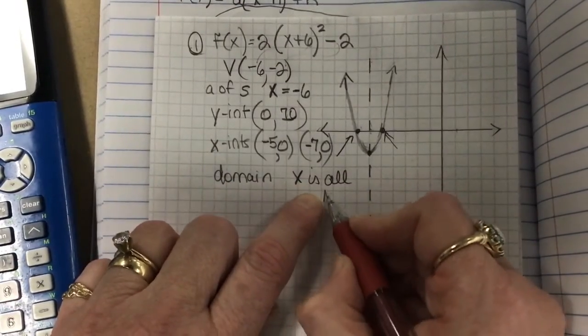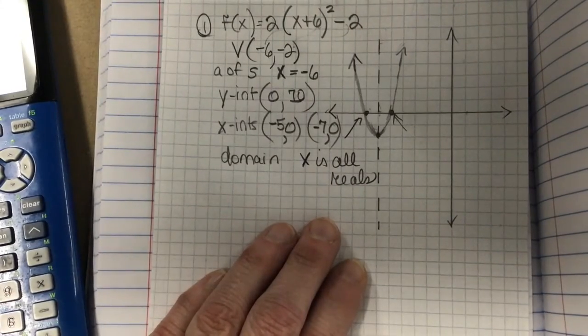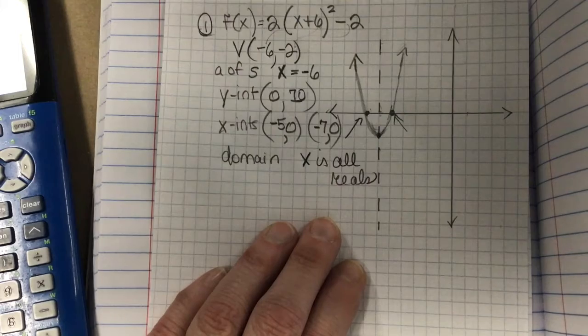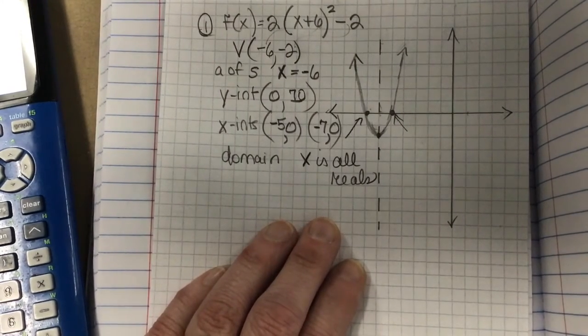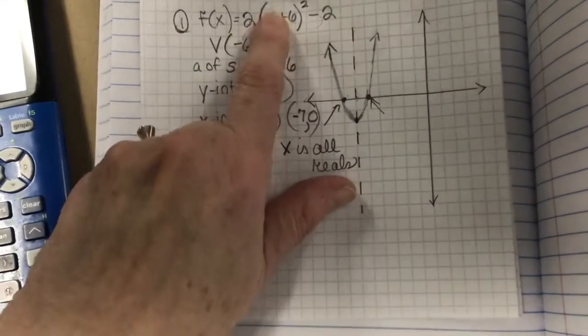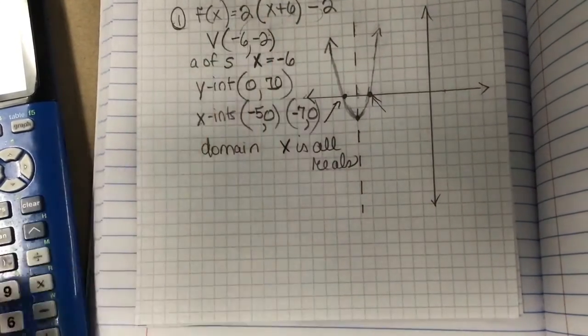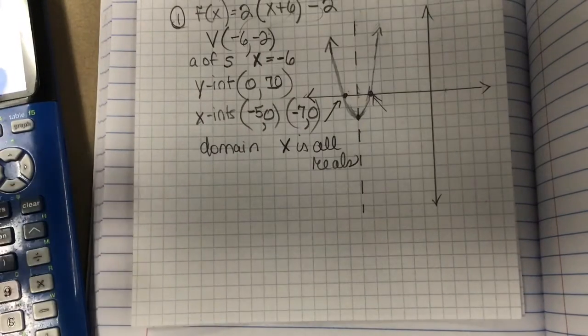We'll just say it that way. No imaginary, all real numbers. The domain on every parabola that opens up or down is going to be all reals because there's no restriction on x. Every positive number you can add to 6 and square it. 0 you can add to 6 and square it because you can type it. 0, it gave you 70. Negative 10, you can type it. It'll give you the y value.